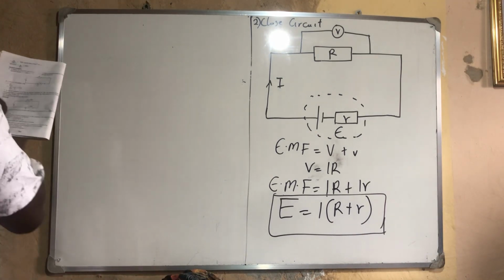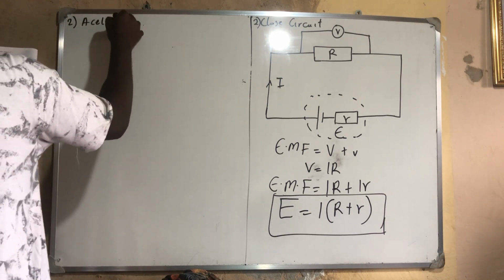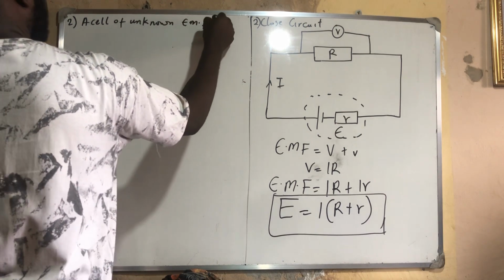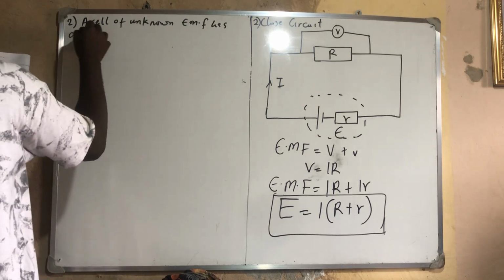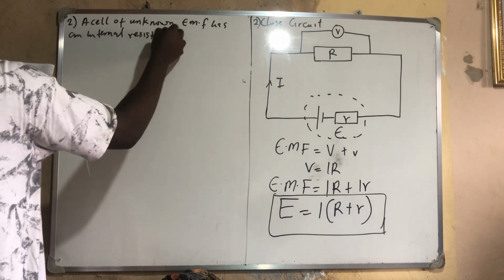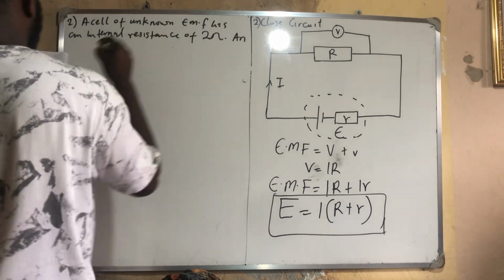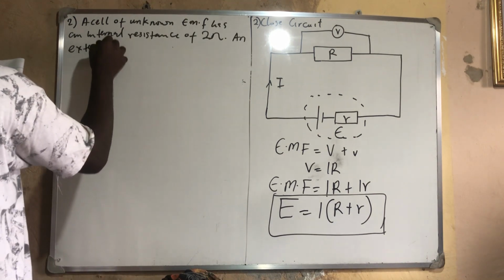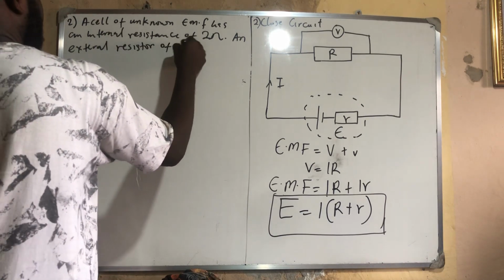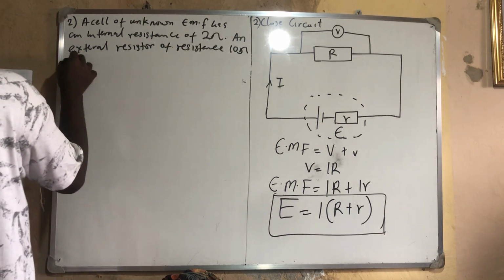All right. Question number 2 said a cell of unknown EMF has an internal resistance of 2 ohms, an external resistor of resistance 10 ohms is connected.